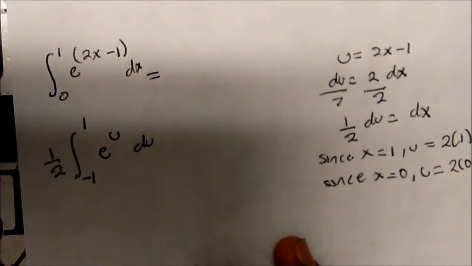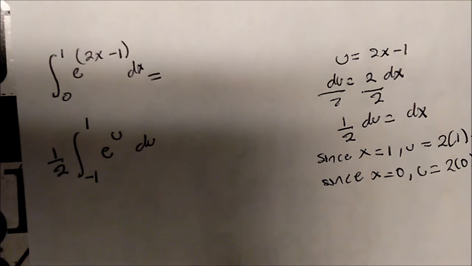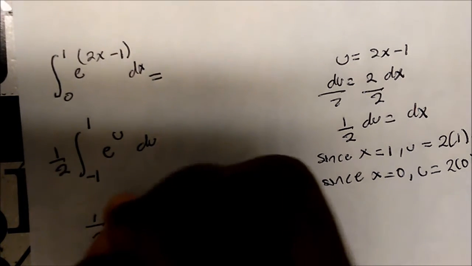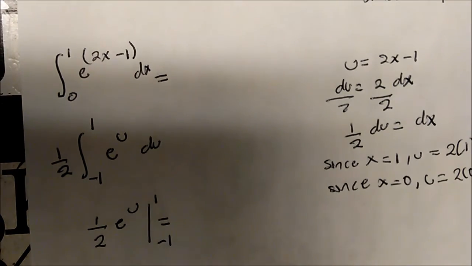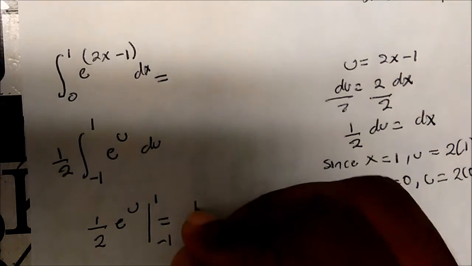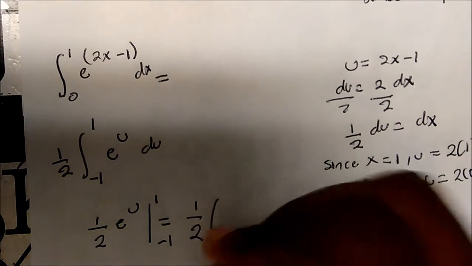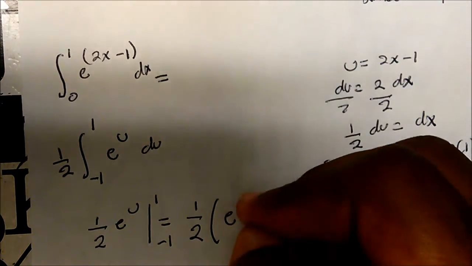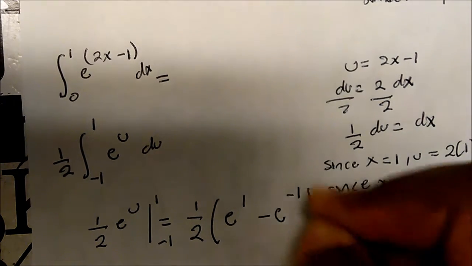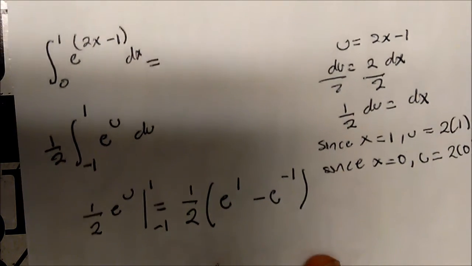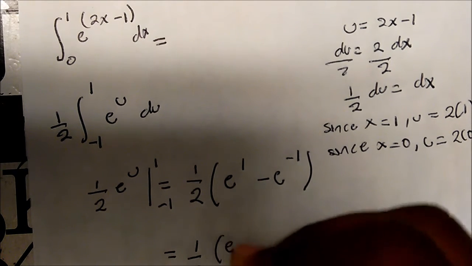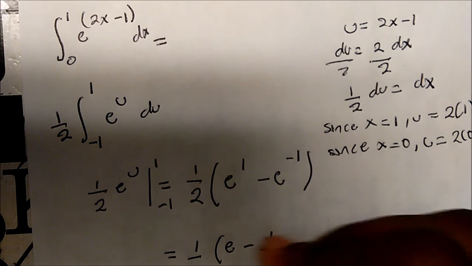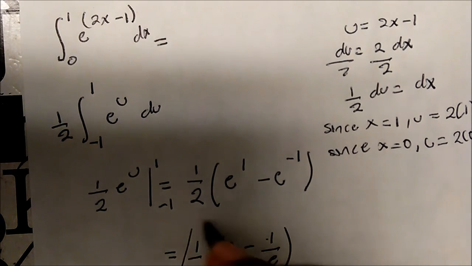Well, the antiderivative of e to the u is just e to the u. So this will be 1/2 e to the u evaluated from negative 1 to 1. I'm going to factor out my 1/2 here. So this will be 1/2 times e to the 1 minus e to the negative 1. And then simply, I could rewrite this as 1/2 times e minus 1 over e, and this will be my final answer.